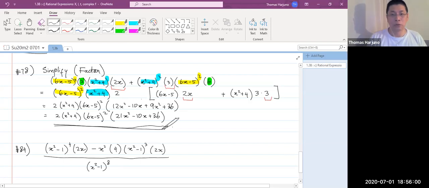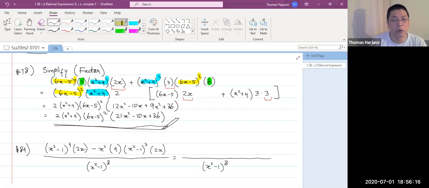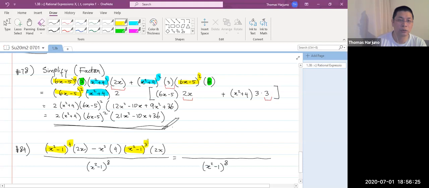Now, to do this better, what you will do is factor the numerator first and simplify, of course. So on the top, for example, you see x squared minus 1 as a common factor, one of them to the power 4, the other one to the power 3. We, of course, choose the smaller one, right?